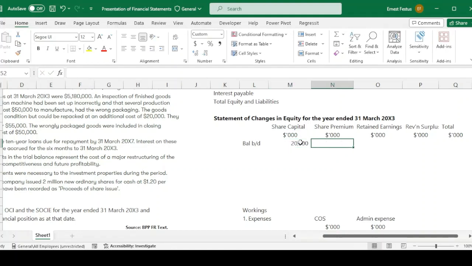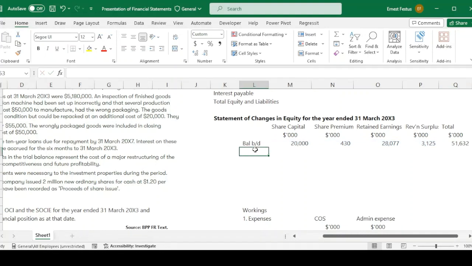For share premium, it is 430. For retained earnings, it's going to be 28,077. For revaluation surplus, it's going to be 3125. And then we have our total here, alt equals, and then I can enter.